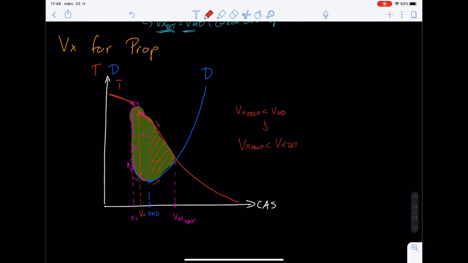This 4 degrees, I don't know where it came from, is not an exact value. It doesn't correspond to any given aeroplane. It's just a given value, but if they ask you what angle of attack an aircraft has when it's cruising at VMD, the answer in that case is 4 degrees.